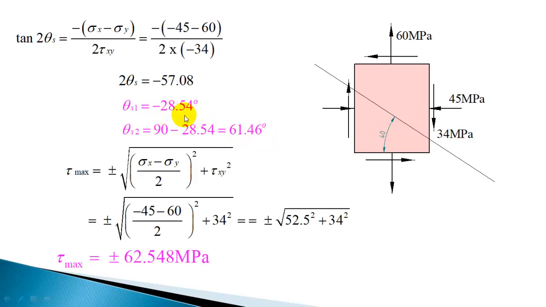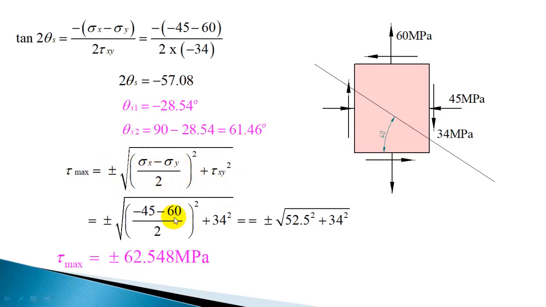You can also find out these planes of maximum shear stress by adding 45 degree to the principal planes. Adding or subtracting 45 degree to the principal planes, you will get the planes of maximum shear stress. So we got the planes of maximum shear stress. Now to find out the maximum shear stress, you can use this equation, plus or minus root of (sigma x minus sigma y by 2) square plus tau xy square.